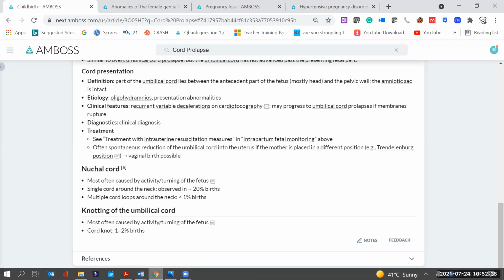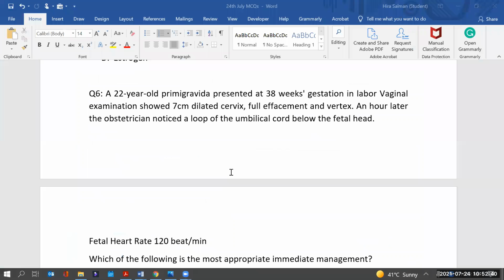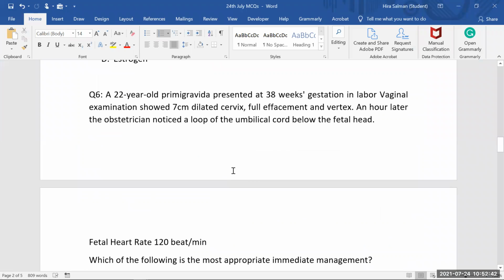So just have a look at the questions. Here the question says a 22-year-old. In the previous cord prolapse, we were seeing the cord in the vagina. You can actually see that the cord has prolapsed and now it's in the vaginal canal.